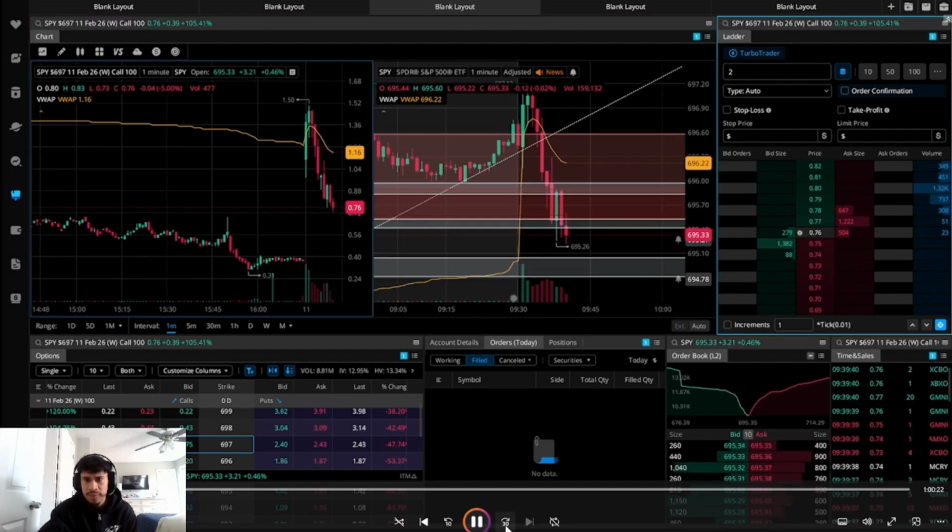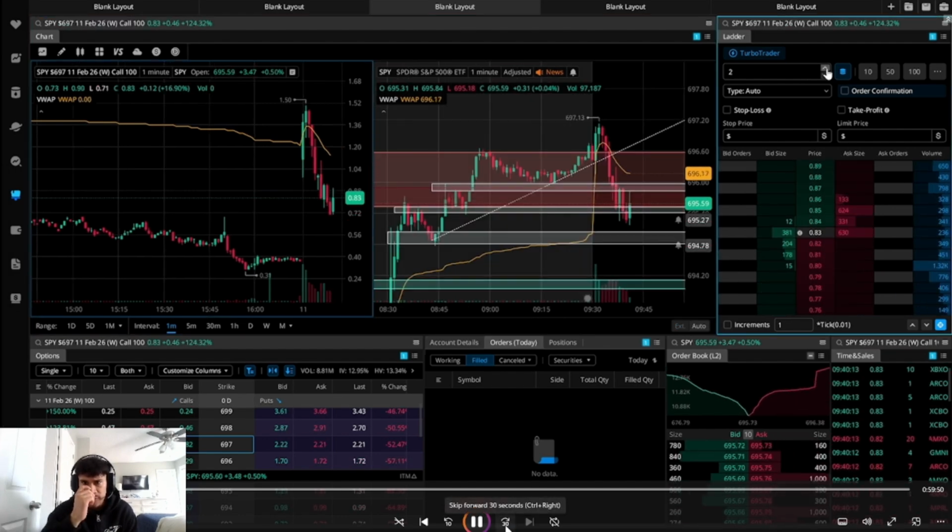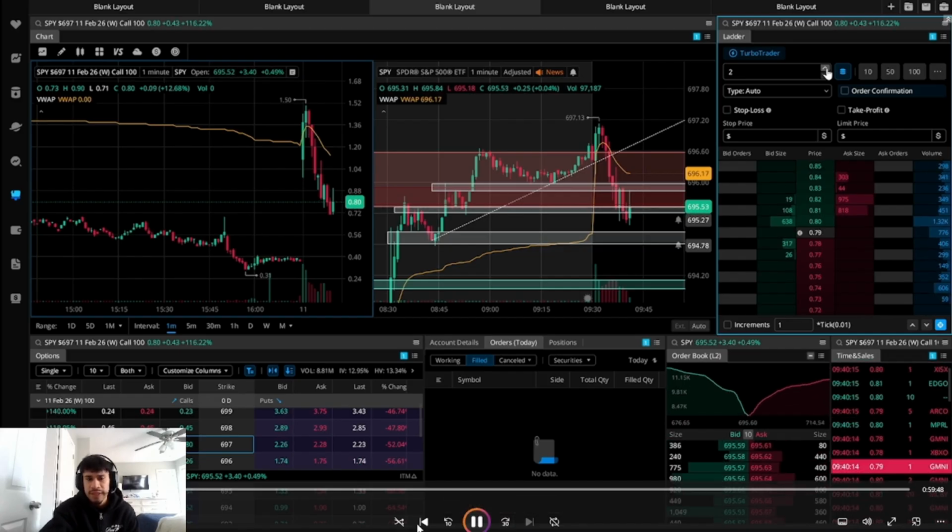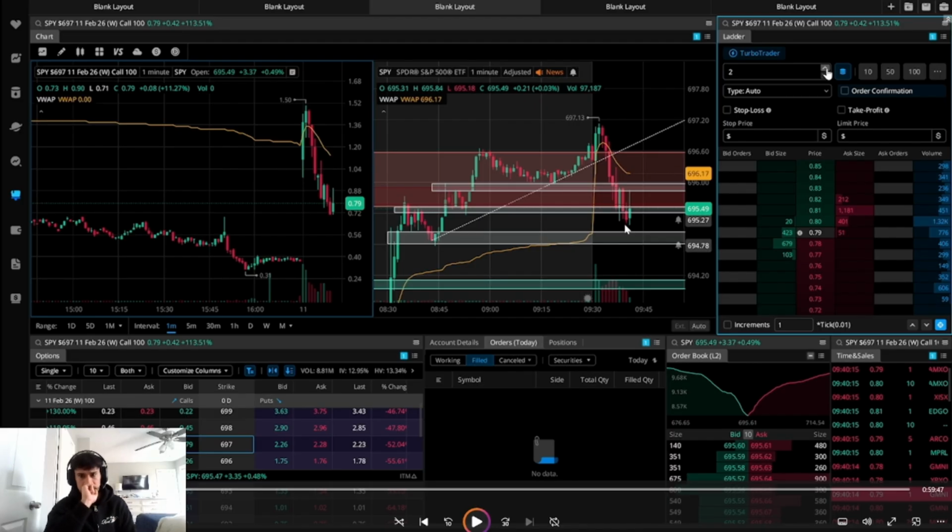So I'm starting to get interested in the stock, right? I see this move is trying to make it lower, but buyers are supporting this area, which buyers have done previously.